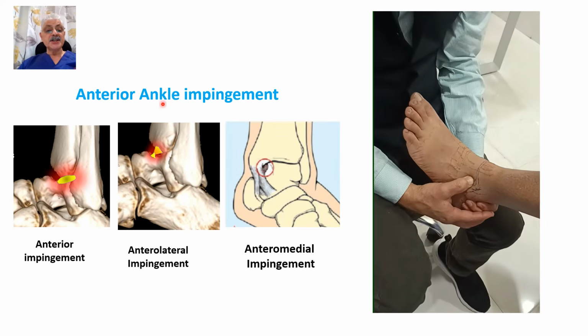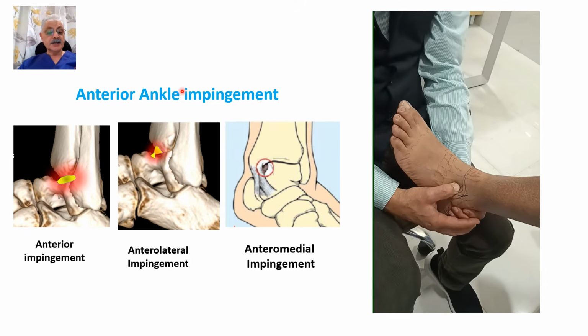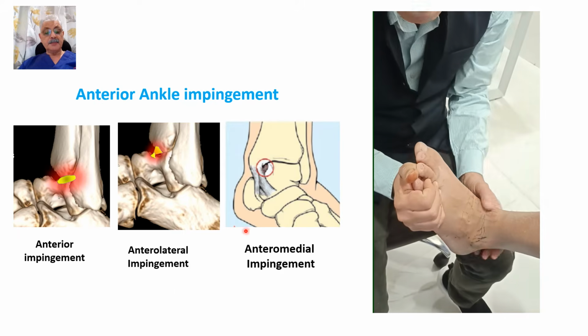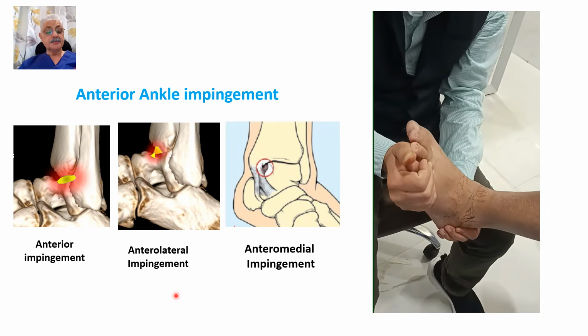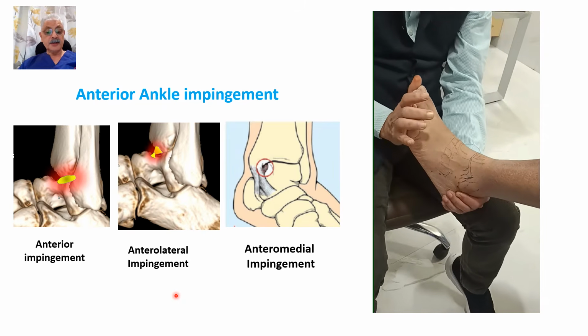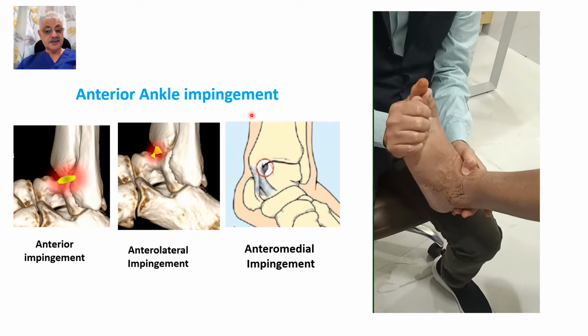Pain on the anterior side of the ankle may be due to ankle impingements, which may be anterior, anterolateral, or anteromedial impingement. These impingements may arise from soft tissues, hypertrophied synovium, osteophytes, and osteochondral lesions in these regions.